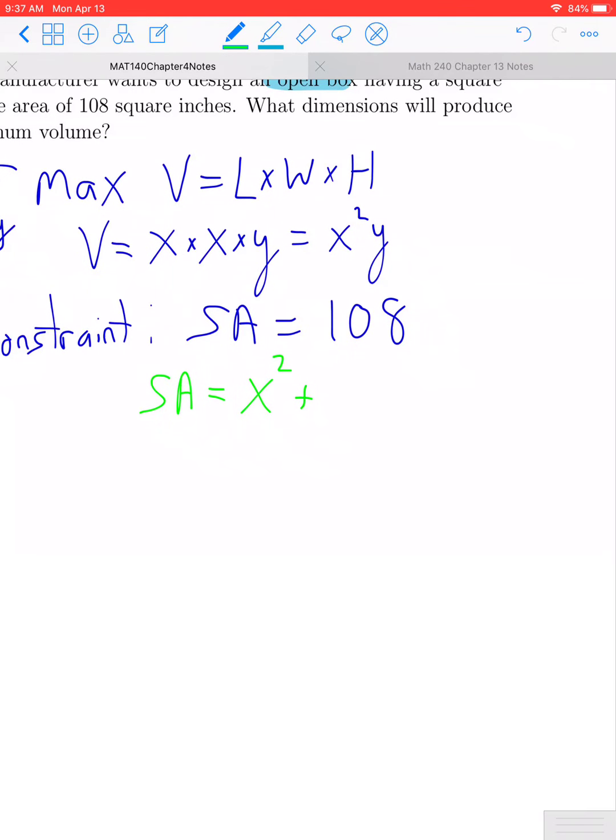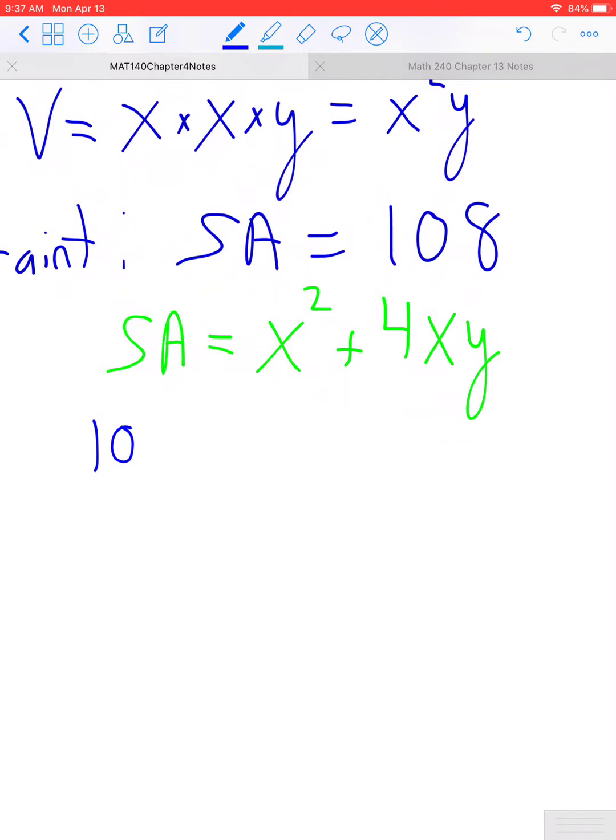So each of the 4 faces has an area of xy, and there are 4 of them. This gives us an equation for the surface area: 108 is equal to x squared plus 4xy, and this is referred to as our constraint equation.